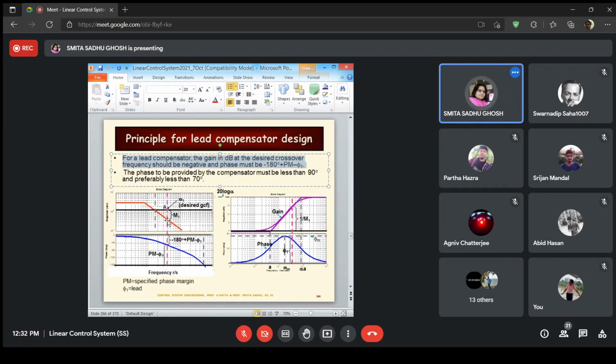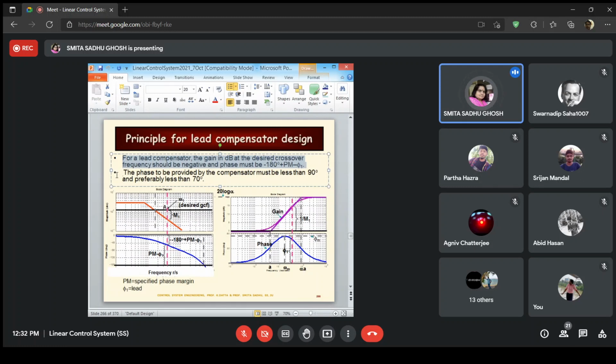I mean, prior to the compensation, the uncompensated system should have a negative value of magnitude, because once I add the positive, then it's going to become 0, right? And the phase value must be minus 180 degree plus PM minus phi 1, where PM is the specified phase margin and phi 1 is the amount of lead that I want from my lead compensator.